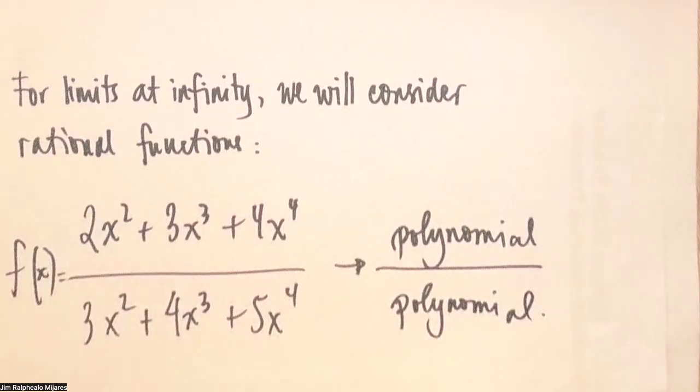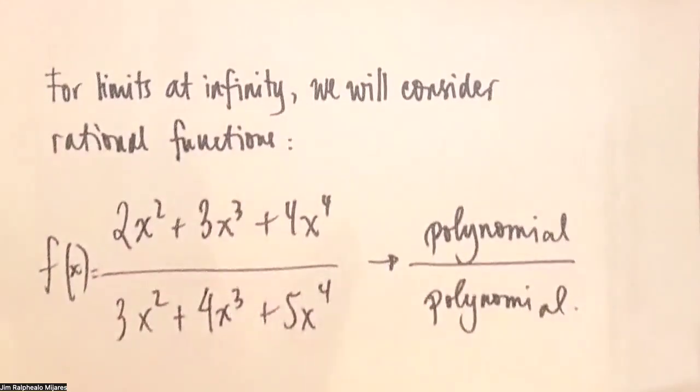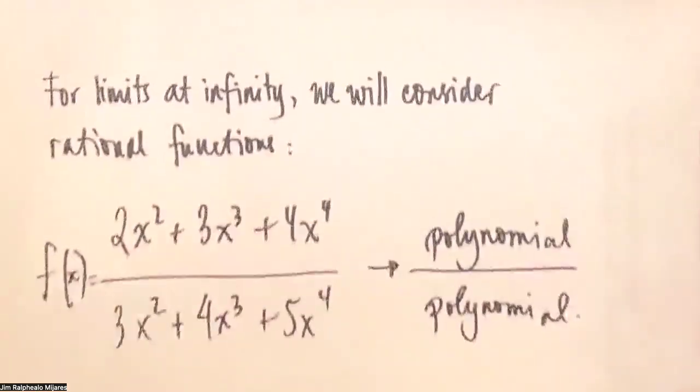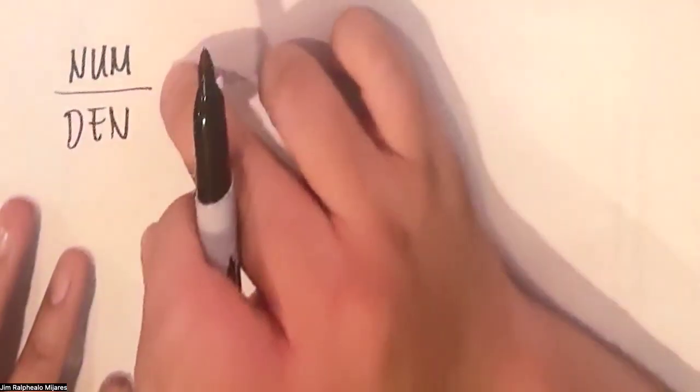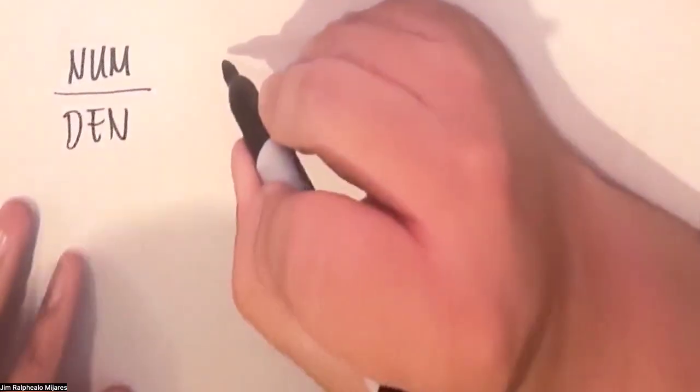Okay? Now, for this case, there are three possibilities. The first possibility is, so you have a numerator, let's abbreviate as num, over the denominator. Okay, so the numerator is on top, denominator on the bottom.